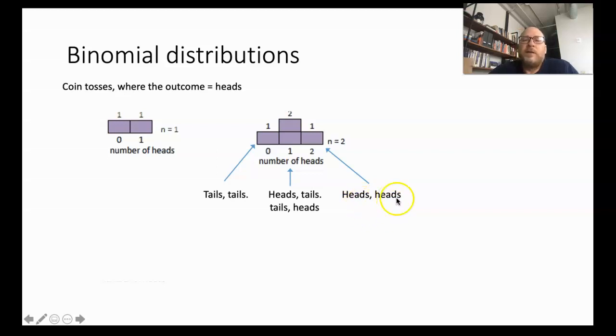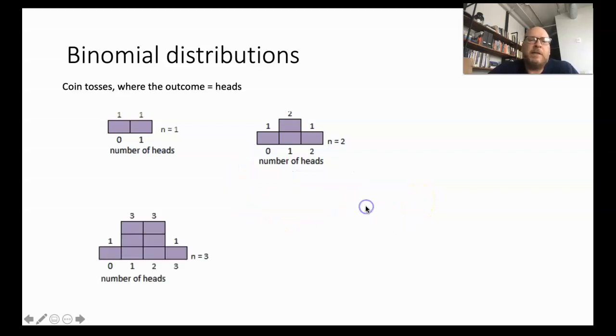Okay. So as this gets bigger and bigger, the principle is exactly the same. It's really not too hard to figure this out. I'll do one more just so you can see. Number of heads with 3 coin tosses. It's possible to get 0 if you flip the coin 3 times and it lands on tails each time.